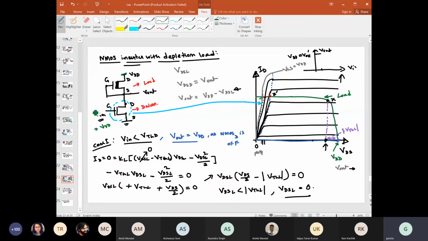For logic level 0 input, that is fine because when the logic level is 0, this transistor is off, no static power dissipation. But when the logic level is high at the input, then there is a static power dissipation. So you can add it as a demerit, along with that, that this V out, VOL dash, is not equal to 0 for this particular case.